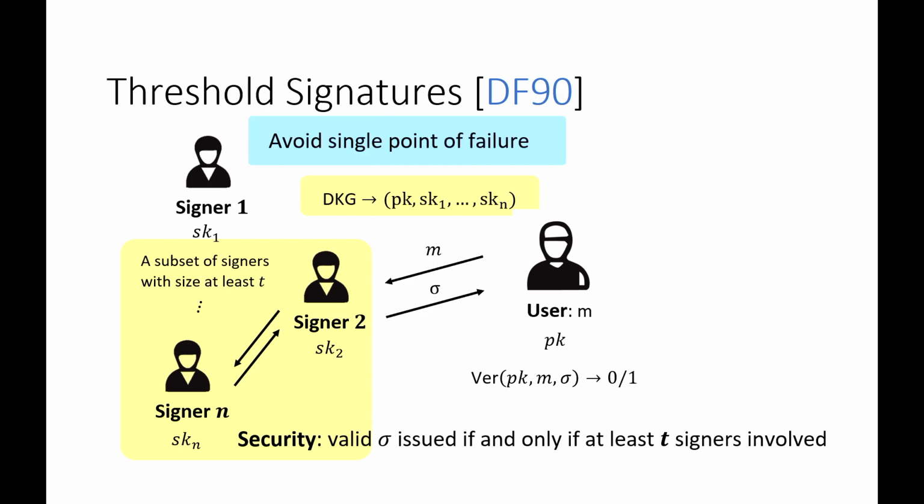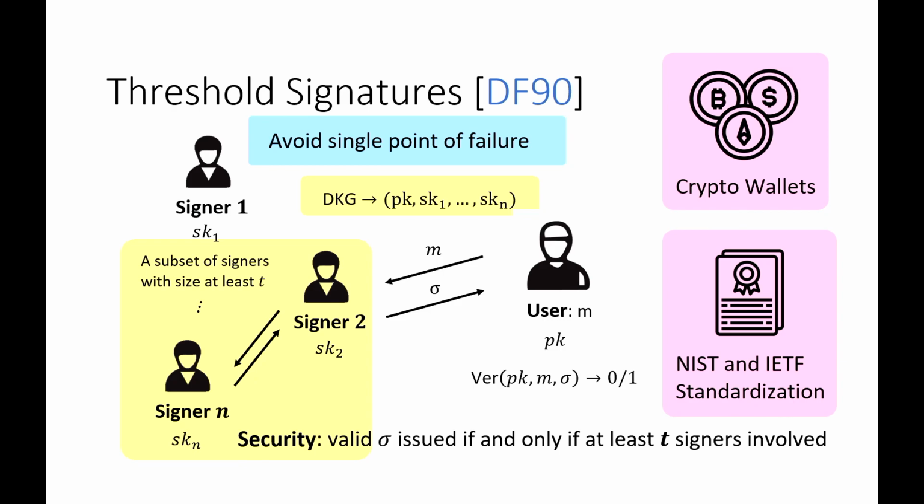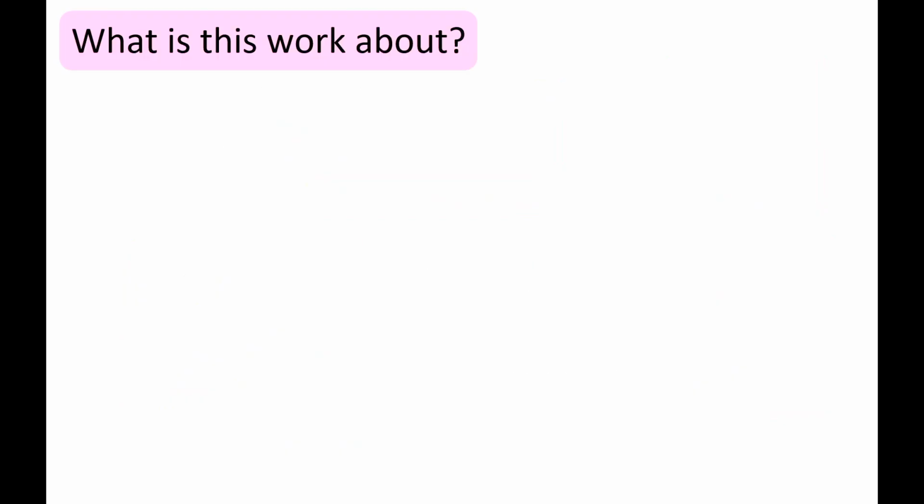The motivation of using threshold signatures is to avoid a single point of failure. And research in this area has become increasingly active due to its potential to enhance security in crypto wallets. And also the recent standardization efforts by NIST and IETF highlight their importance.